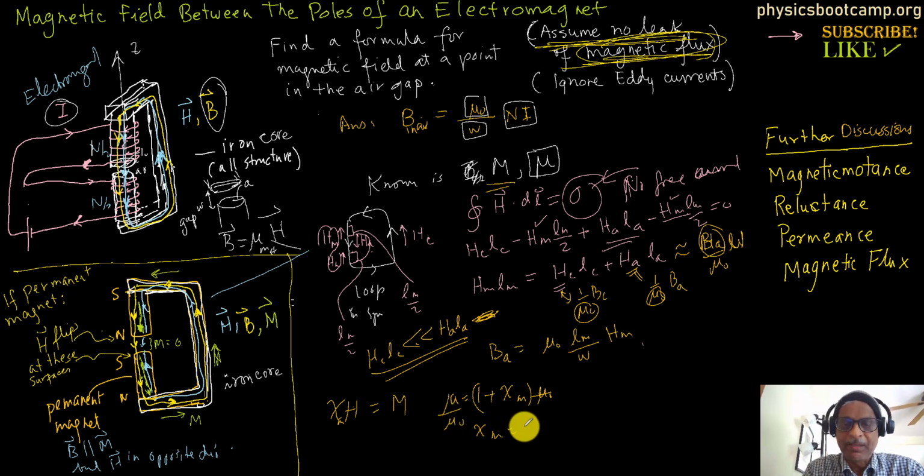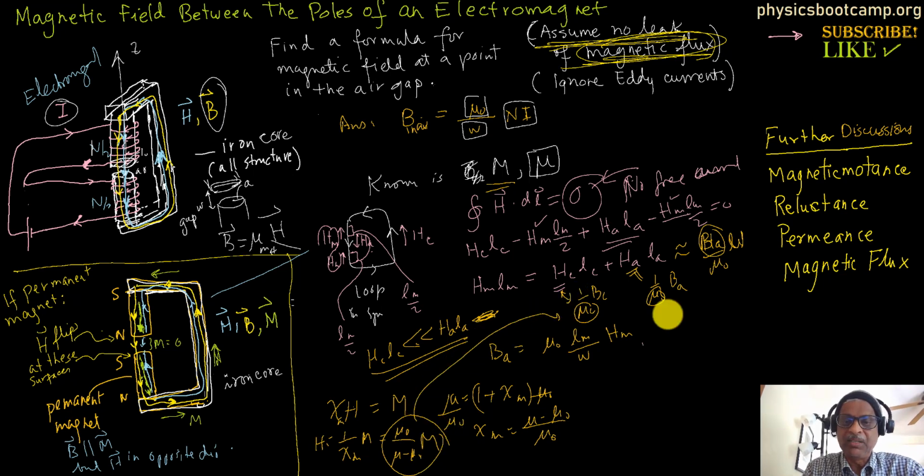So chi_m is mu minus mu 0 over mu 0. So H is 1 over chi_m times M, so it flips: mu 0 over mu minus mu 0, times M. That we put in here to get mu 0 L_M over W times mu over mu minus mu 0 times M.